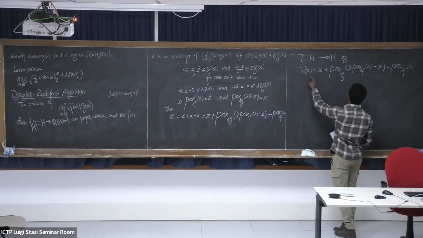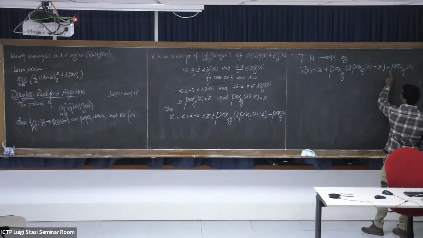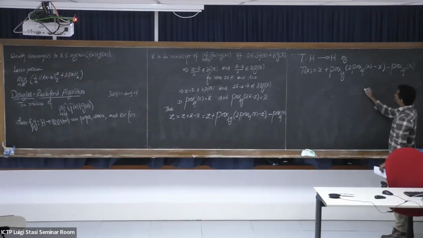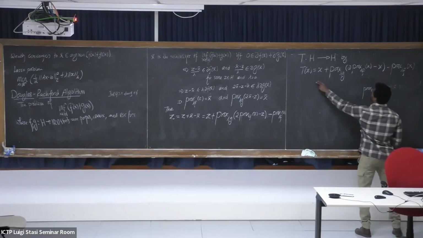If x is fixed, meaning that these are equal, actually, we can manipulate. This is equal to 0. The proximal of lambda f minus x is an element of the subdifferential of g at x bar. It is fixed.